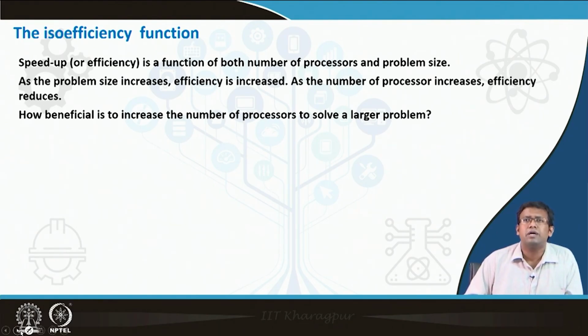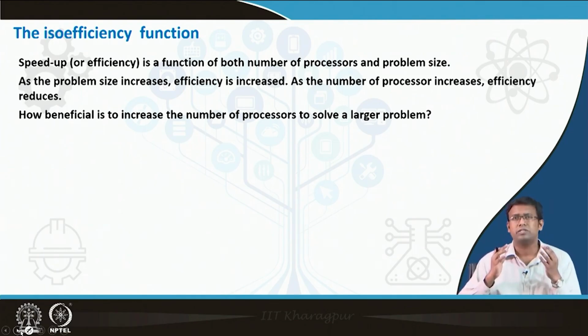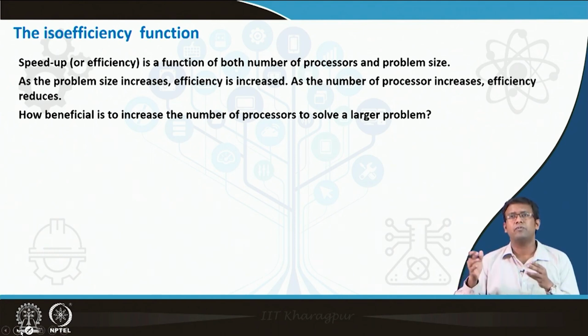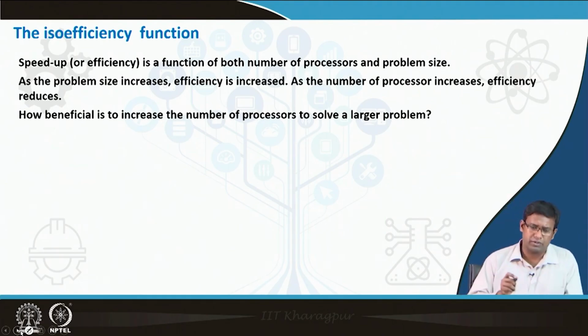Should we use more processors if we have a larger problem? For the same problem, if we use more processors, efficiency will fall down, speed up will be flattened. We are always using high performance computing architecture to solve large problems. If from one problem we go to a larger problem, will it be a judicious decision to increase more processors? That becomes the question.